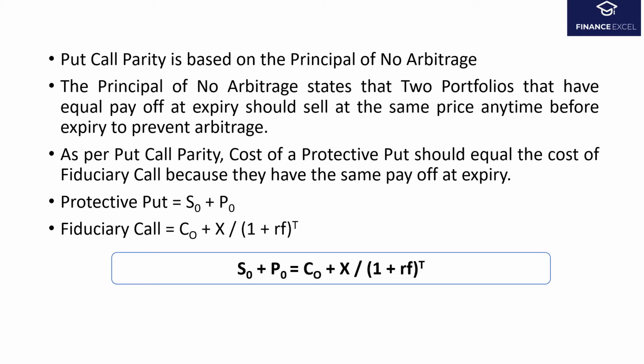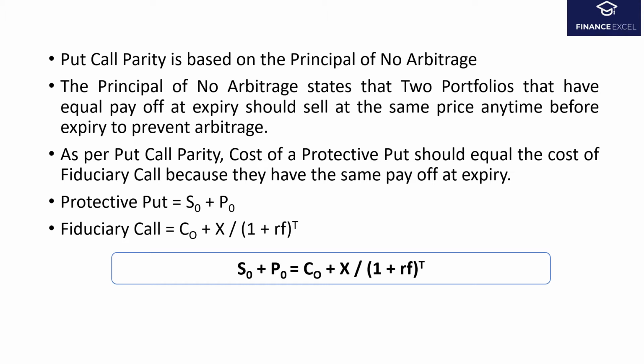Say there is an investor who holds an underlying, denoted by S. This investor is afraid that he will stand to lose if the underlying goes down. So, to hedge himself, he buys a put option on the underlying.